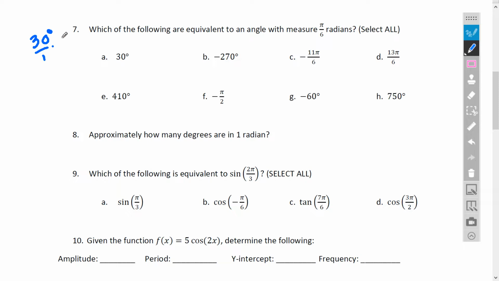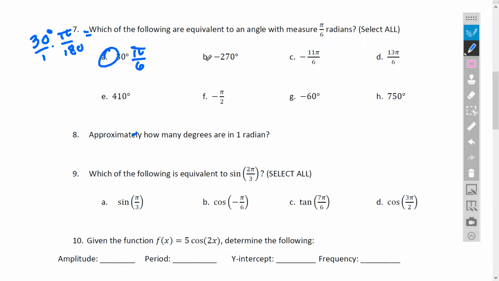So 30 degrees over 1 multiplied by pi over 180. So 30 over 180 is 1 over 6. So 30 degrees is a pi over 6 angle. So this one is correct.